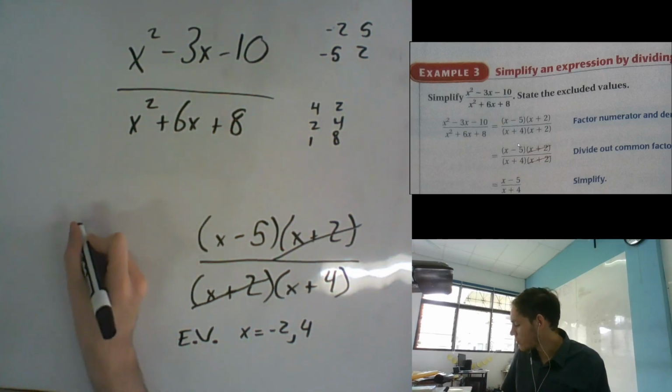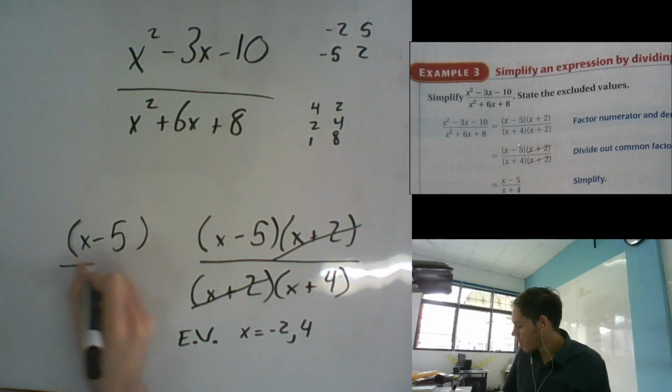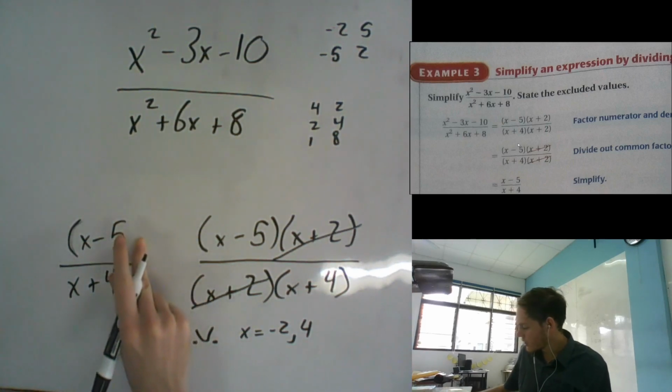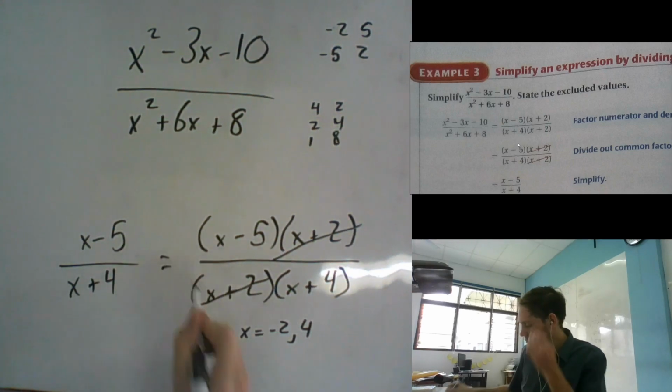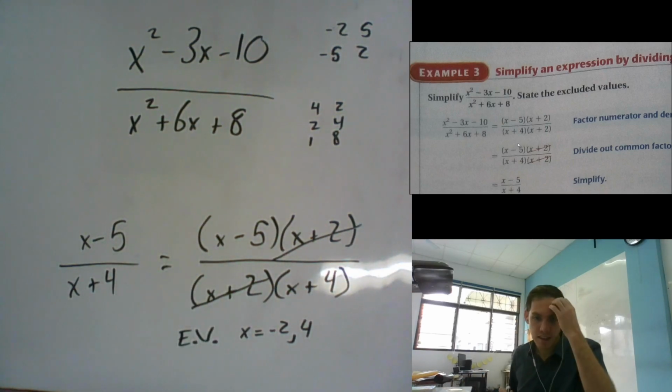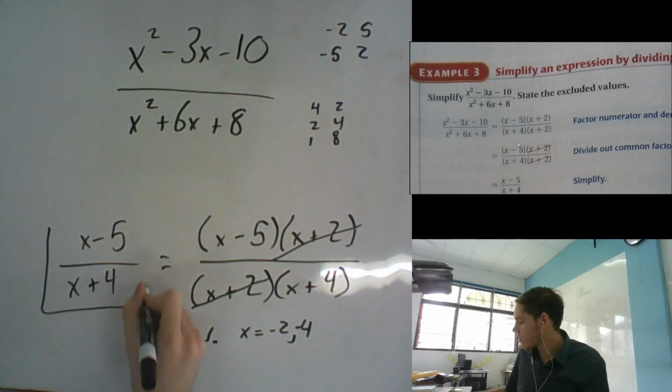So our answer would be x minus 5 over x plus 4. You don't really need these parentheses. That was just from writing it. And that would be your answer. Oh sorry, -4. That's my fault. Yeah, the excluded value is -4.